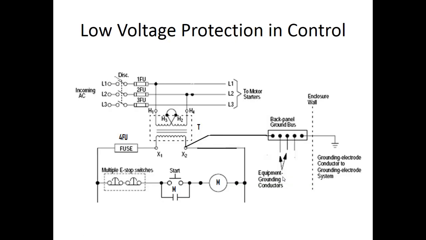On low voltage protection. So when we talk about motor starters today, I just wanted you to be aware that a PLC system is going to have a master control relay right here, and it's going to have multiple E-stops that are wired normally closed, and a start, and a master control relay. And this item here is hardwired.